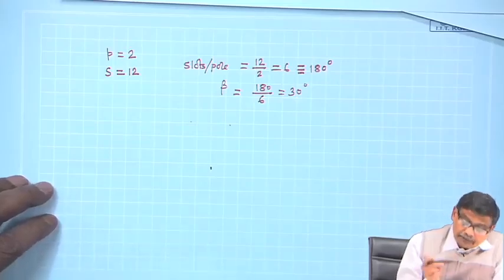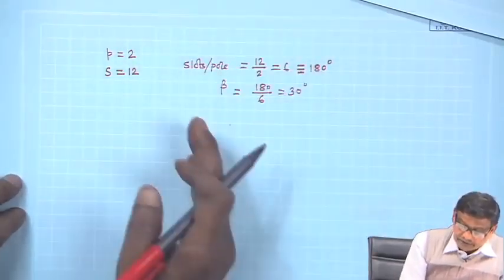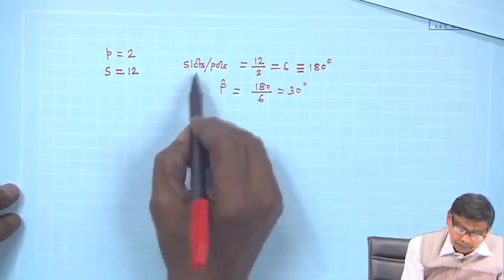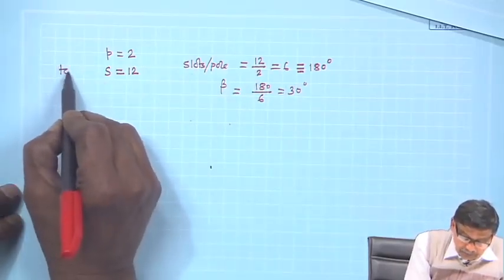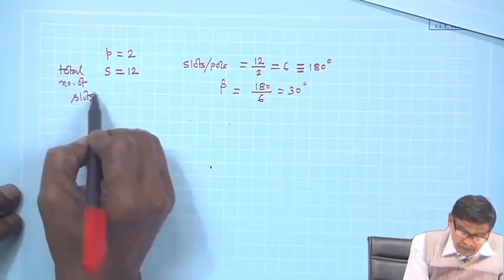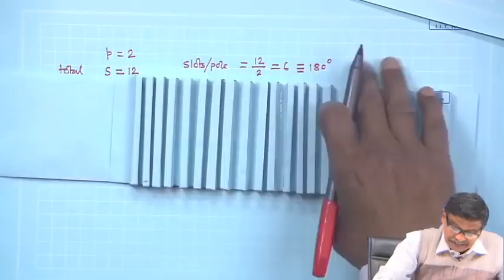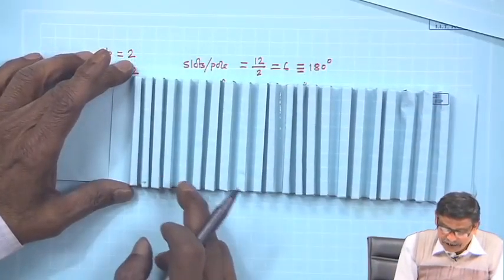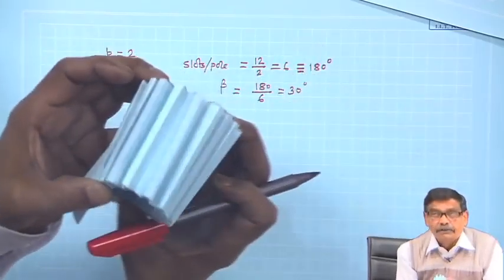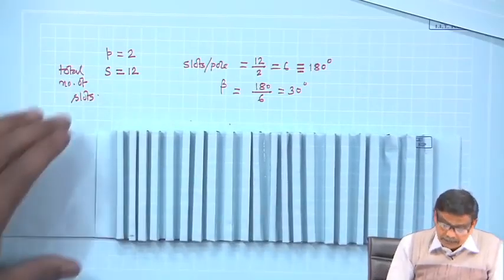Listen carefully at this point, we will discuss this at length, the same points often, but right now, suppose this is the total number of slots, and suppose the slots are numbered like this: 1, 2, 3, 4, 5, 6, 7, 8, 9, 10, 11, 12, and this is of course circular, and after 12 once again 1, 2, 3, 4, which in the developed diagram I should show.